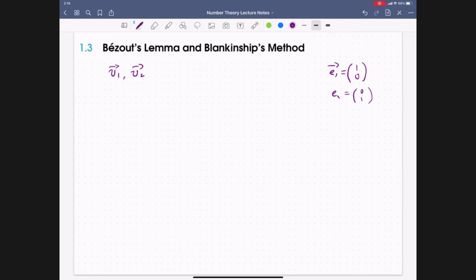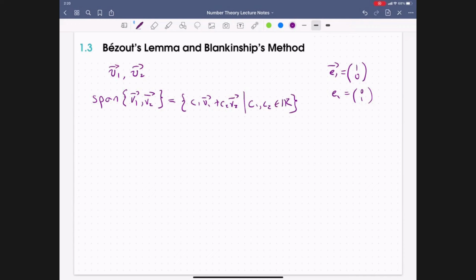These turn out to be linearly independent, but we also define the span of v1 and v2, and that's the collection of all linear combinations. So we will have c1 v1 plus c2 v2, where now c1 and c2 are real numbers.